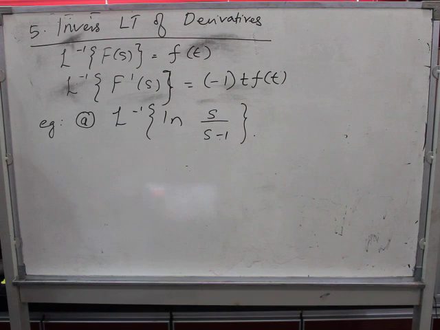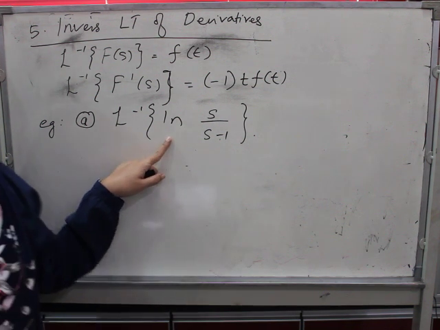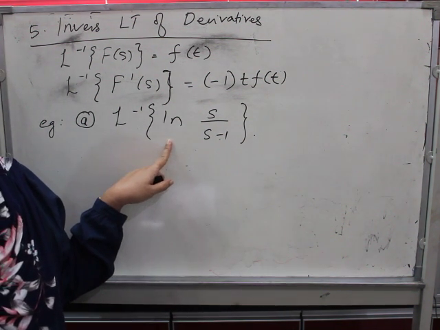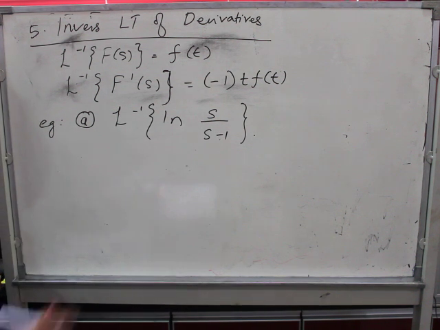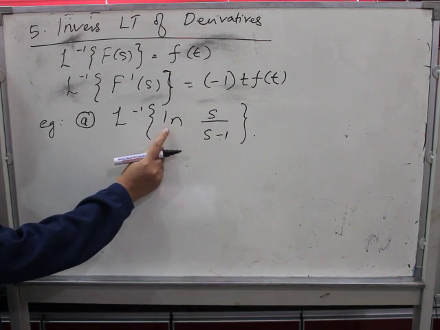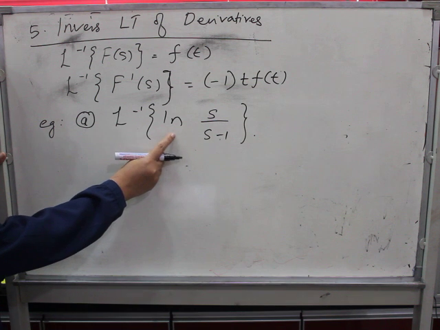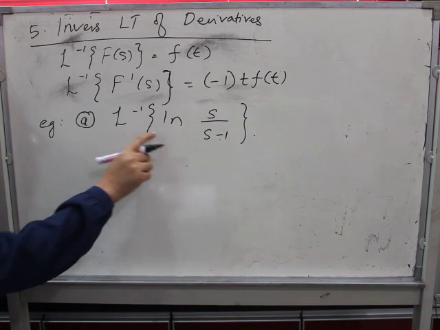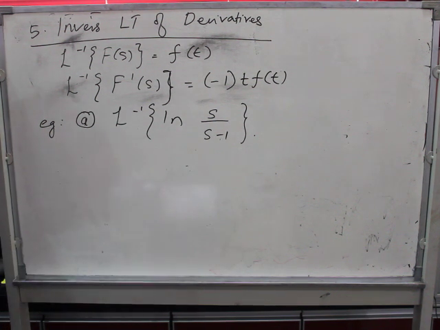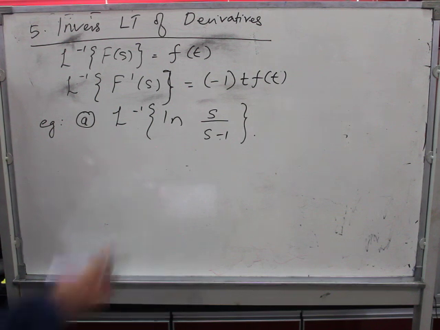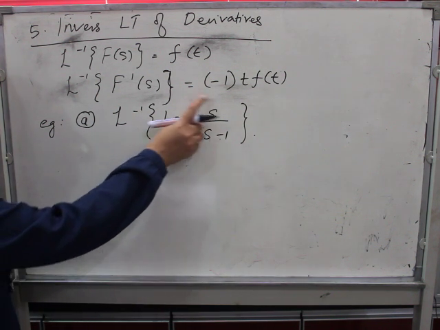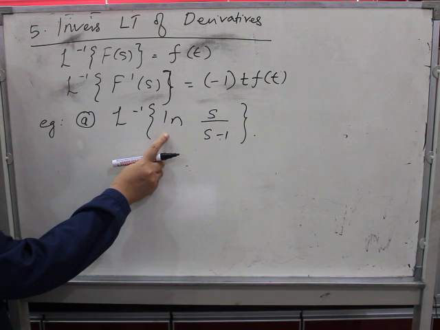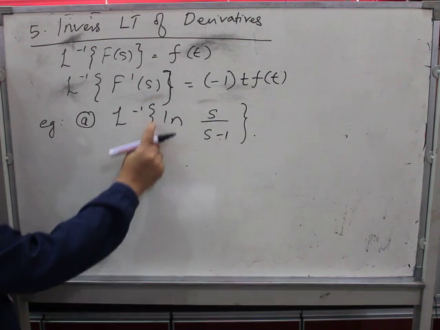So far before this we don't have this kind of function, natural log. This is new to you. So if you have a question involving natural log, we have to modify first, because we don't have natural log in your table.